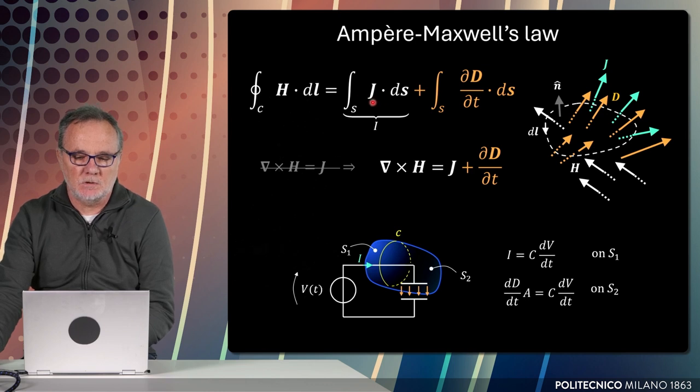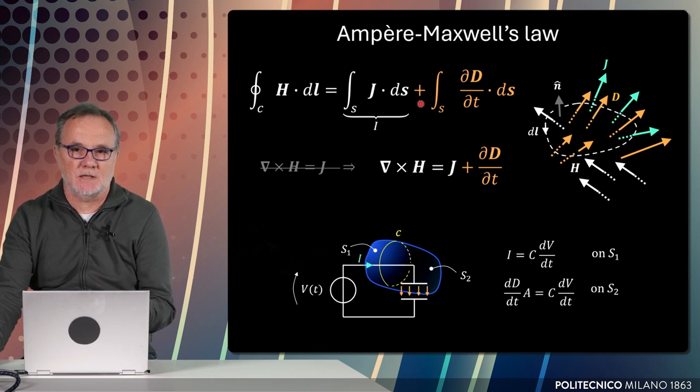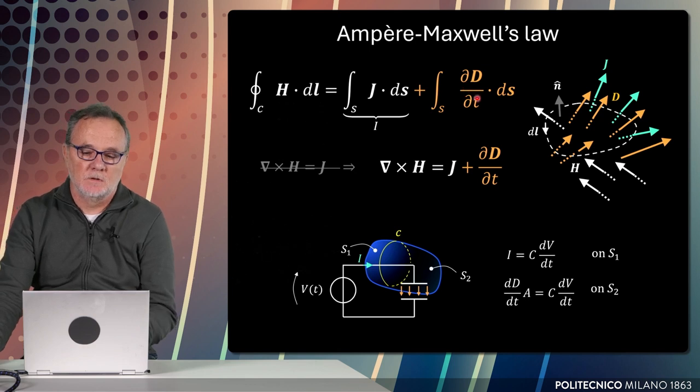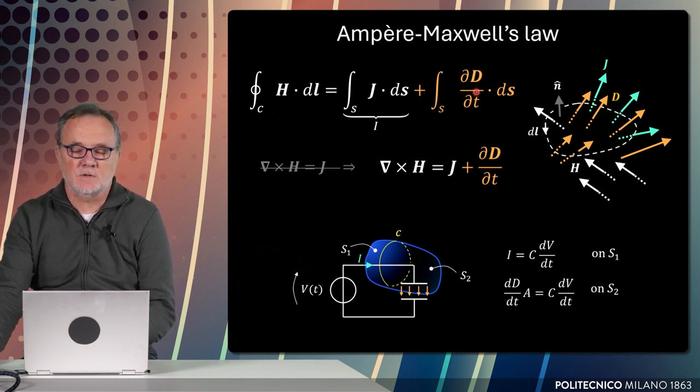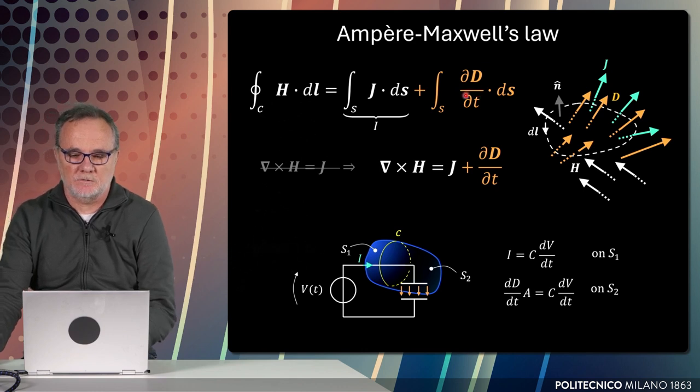So that should be equal to this white term. But Maxwell discovered that there is a missing term in this when we are in the presence of time-varying phenomena. The missing term is actually the time derivative of the flux of D through the surface whose boundary is the line on which we carry out the circulation of H.